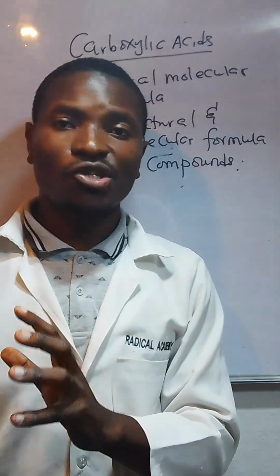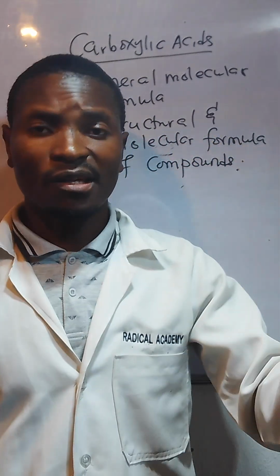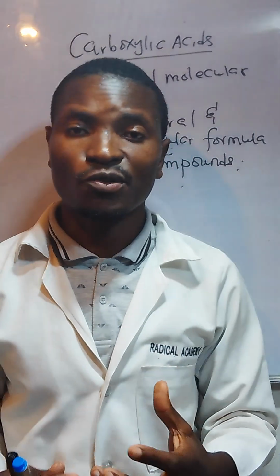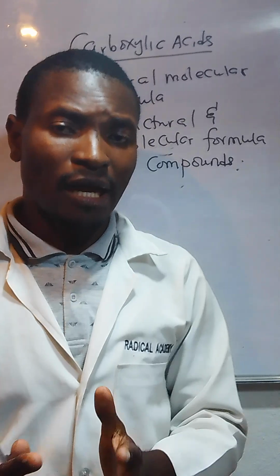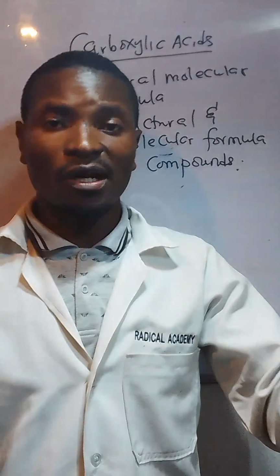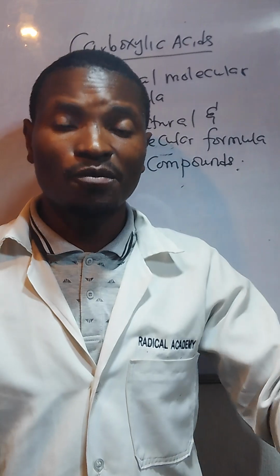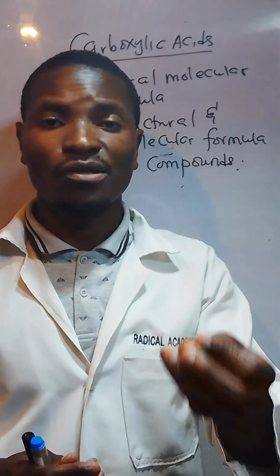So I'm going to do an example of maybe propanoic acid or even ethanoic acid, but one of the simplest to understand is just methanoic acid. Now, before we get into the formula and all the structures that it forms, let us first understand the major concept about carboxylic acids.